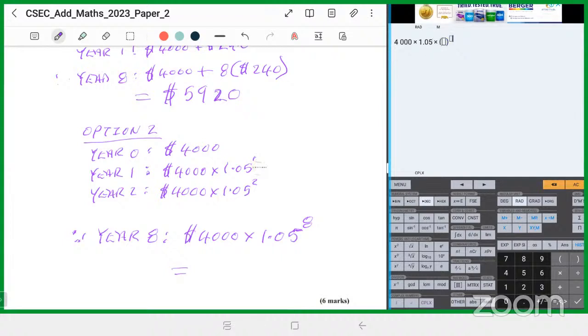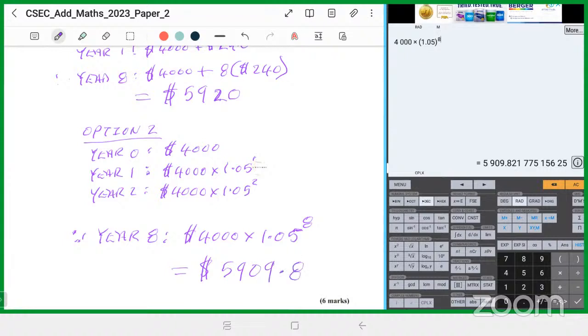I messed up, my calculator is messed up. Hold on. 1.05 raised to the power of 8. I'm just going to give 2 decimal places and write 5909.82. So those are my 2 answers.